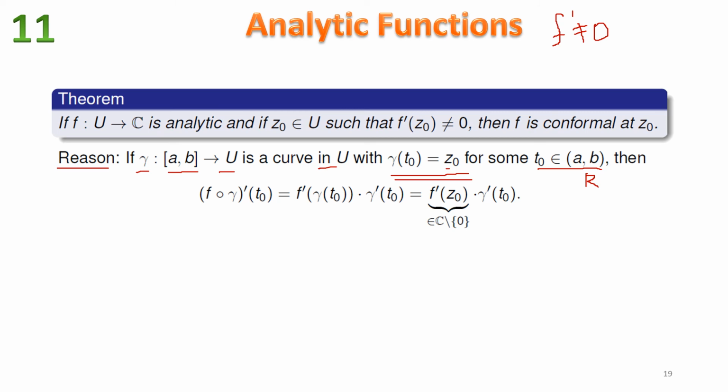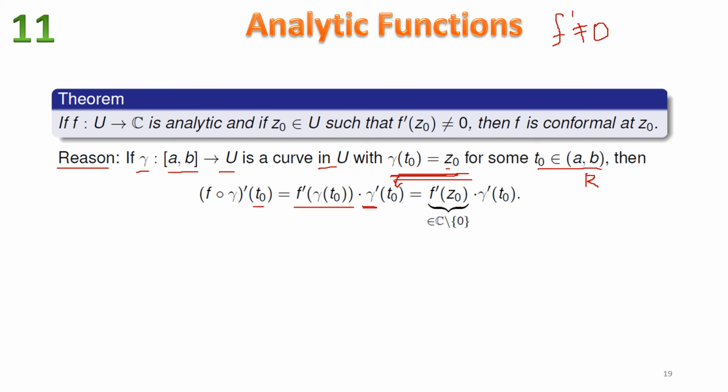the derivative of f operated on gamma, that is f of gamma dash at t0. Here the derivative will be the derivative of the function times the derivative of the path gamma. So the derivative of f operated on gamma will be f dash operated on gamma times gamma dash, where this gamma is nothing but z0 at t0, the point where we are considering the intersection.